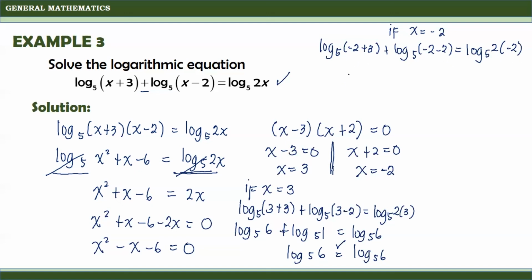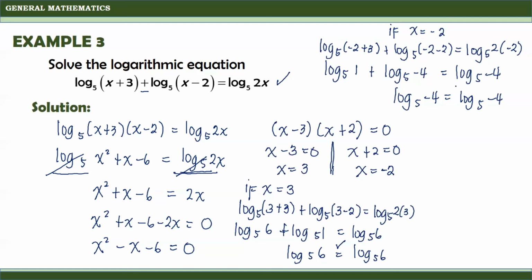Simplifying the powers, we will have logarithm of 1 to the base 5 plus logarithm of negative 4 to the base 5 equals logarithm of negative 4 to the base 5. Since this is addition, multiplying 1 and negative 4, we will have logarithm of negative 4 to the base 5 equals logarithm of negative 4 to the base 5.